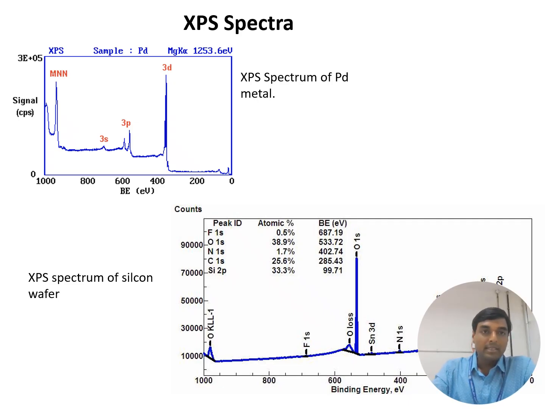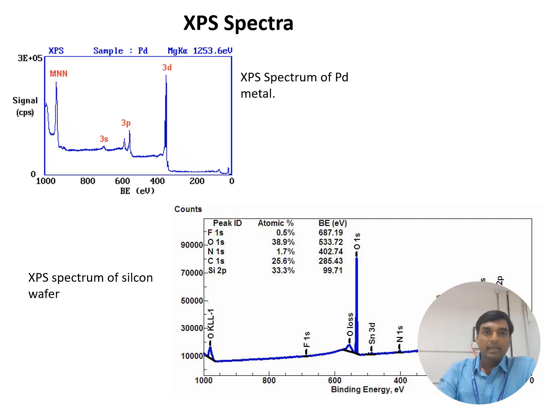You can see the 3d orbital binding energy is close to 400, whereas 3p is around 600 and 3s around 800, because the closer to the nucleus, the higher the energy required.